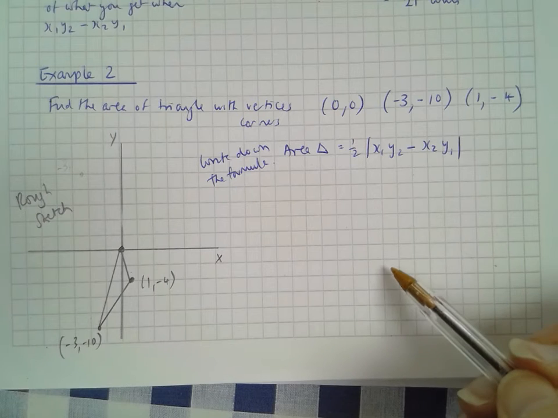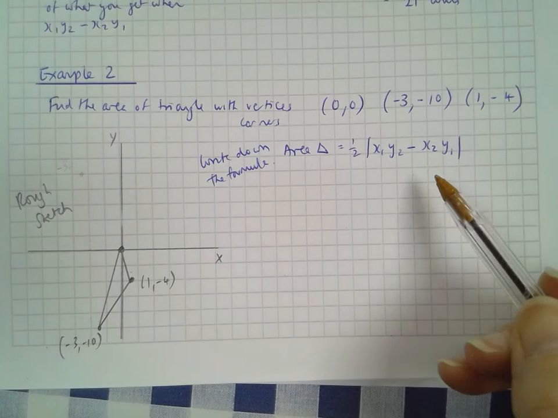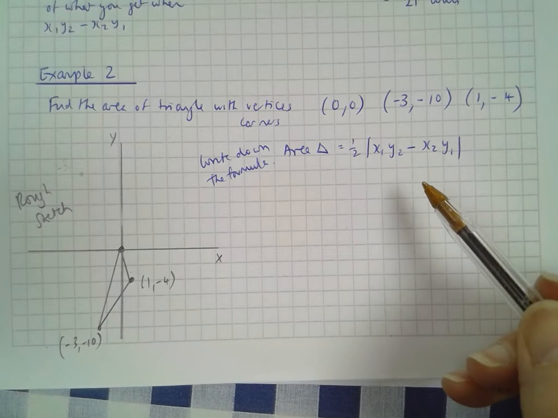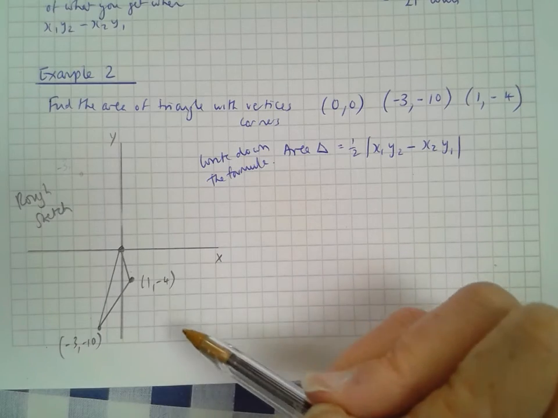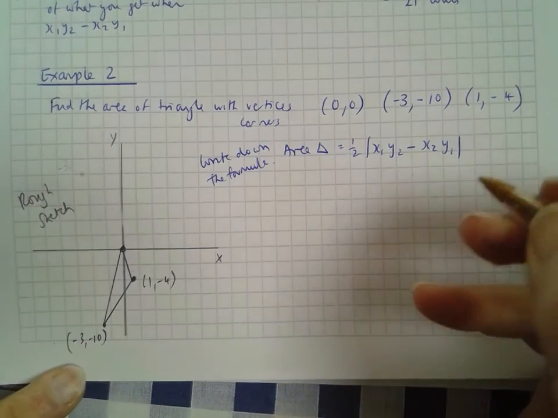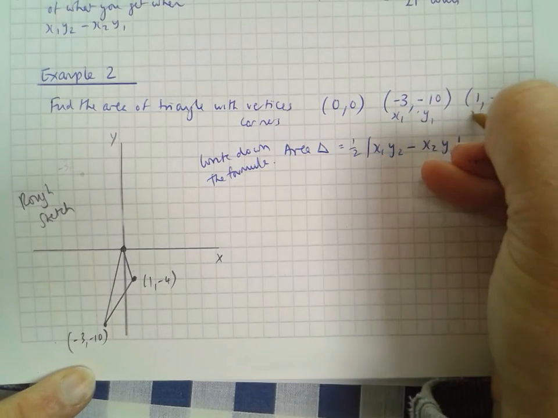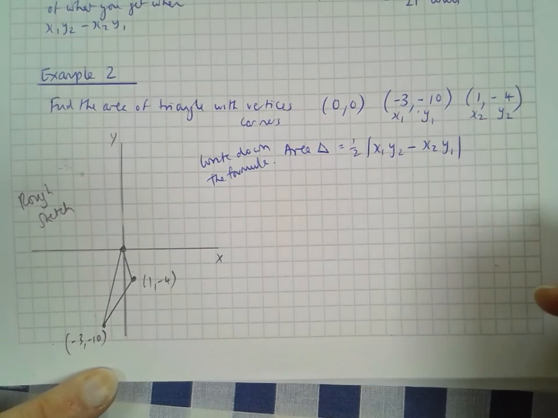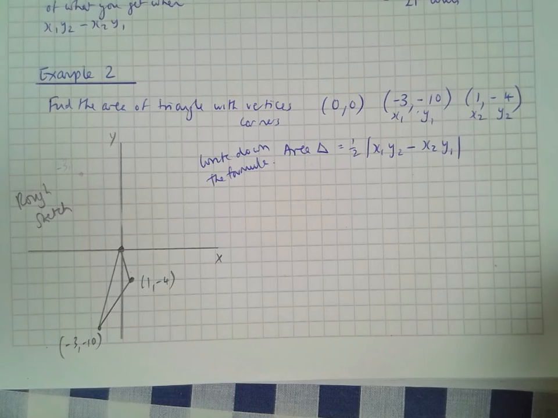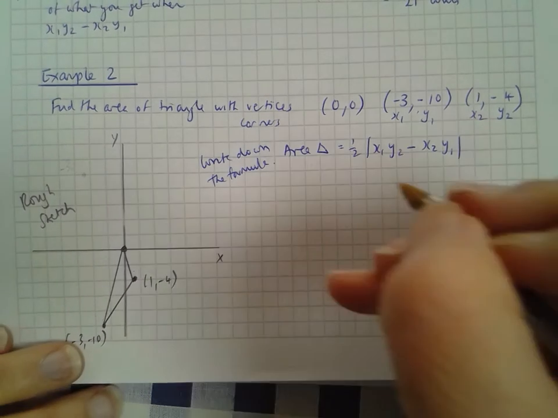Certainly in summer exams I'll give you marks for writing that down. But in the Leaving Cert you would get marks for subbing incorrectly. So I'm now going to say this is x1, y1 and this is x2, y2. Definitely I'm going to get marks at this stage in the Leaving Cert because I've written down the correct formula and I've labelled my points, and now I'm going to sub those in.